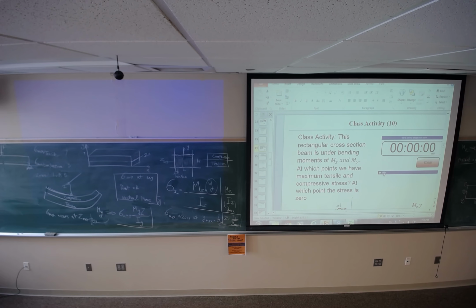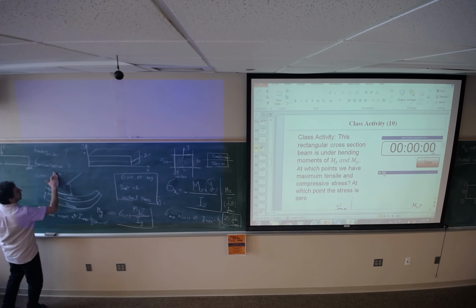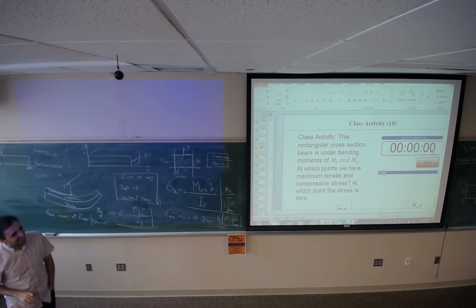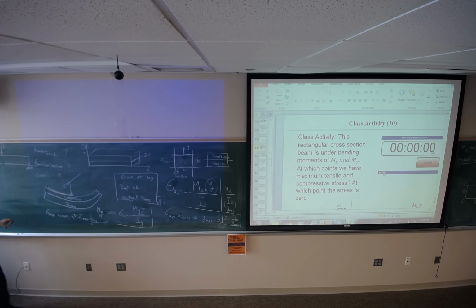Any different answer? Zero is only at the center, which is 9. Okay, I can't read your numbers that far away. I think I labeled mine differently. So 9 is at the middle. I mean central. Okay.